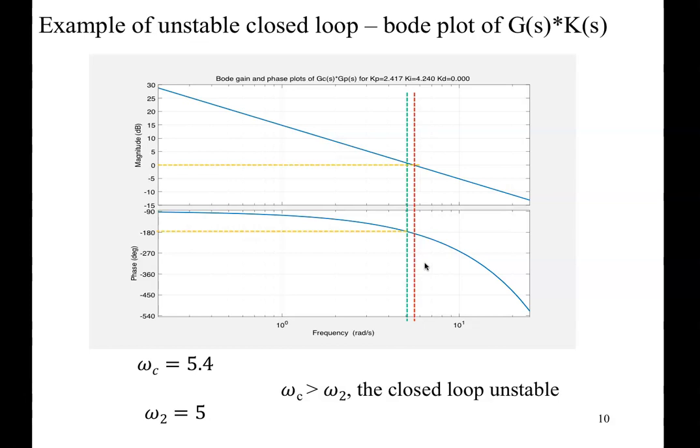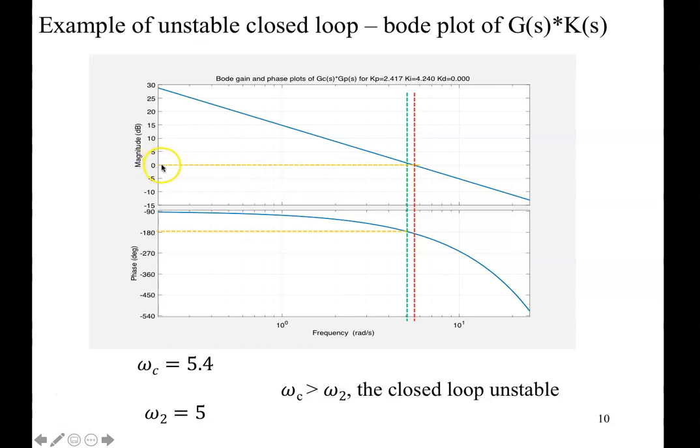Now change the open loop frequency response a little bit. That is a different system. What I have here is the Bode plot, again I'm going to look for omega c.